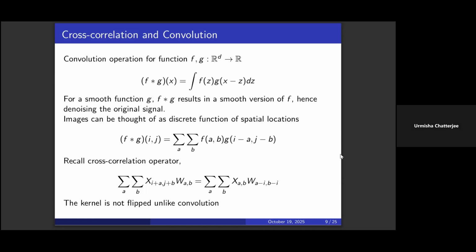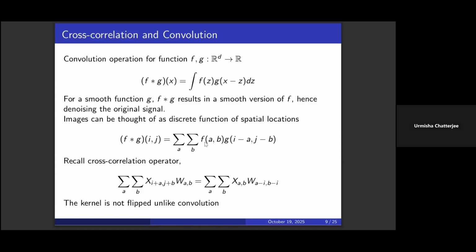Now these are functions I have defined on real numbers. You can think of images as discrete functions as well, defined on spatial pixel locations. So if we think of f and g as images, functions of pixel locations, then you can similarly write the integral in terms of a summation as the convolution operation.